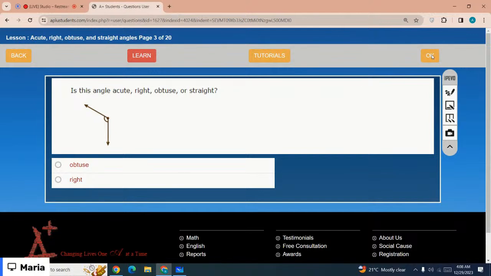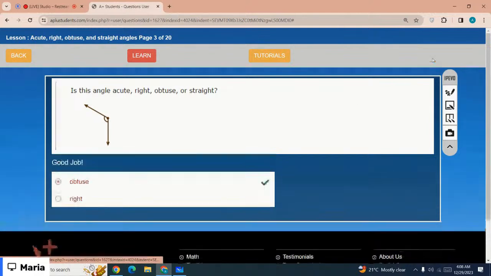That is an obtuse angle, more than 90 degrees. Very good.